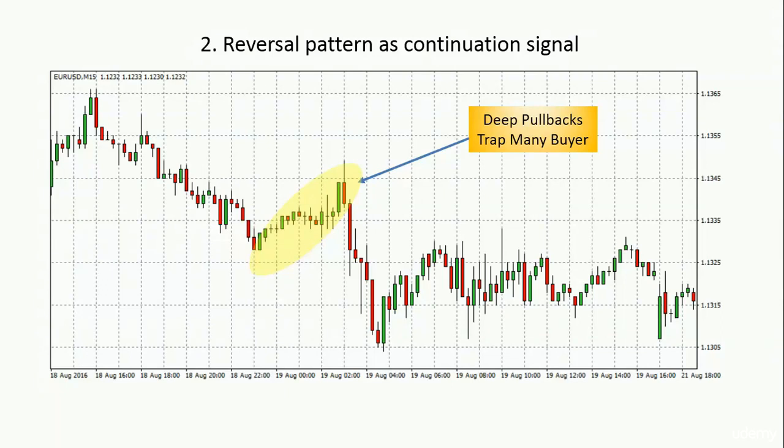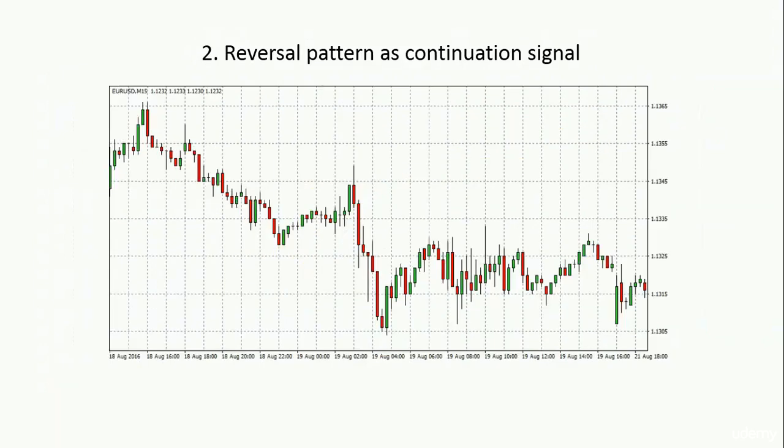Pullbacks happen, at least theoretically, because some sellers were taking profits and some buyers thought it is a good price to try to initiate scalping long trades at small portions to test the market. These two actions by sellers and buyers retrace the price higher in a pullback in one or more small legs.